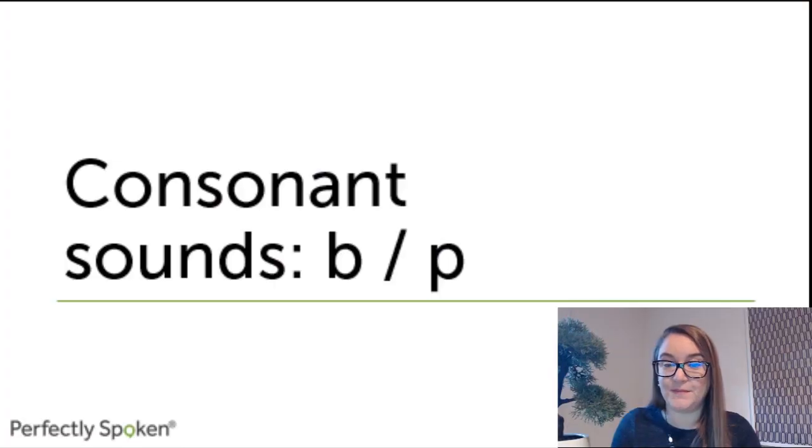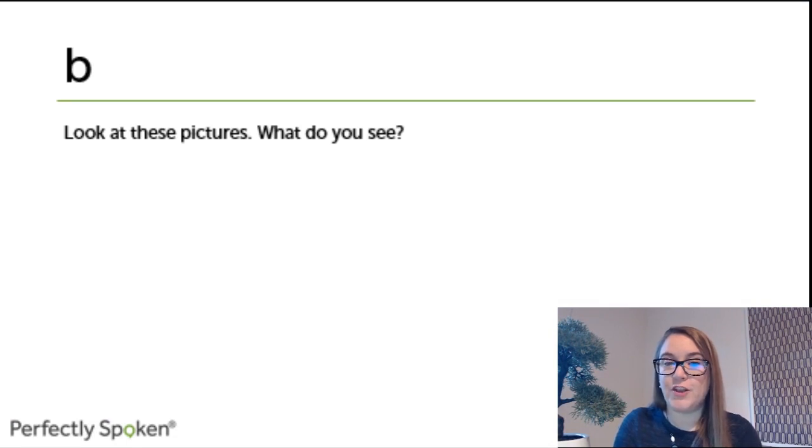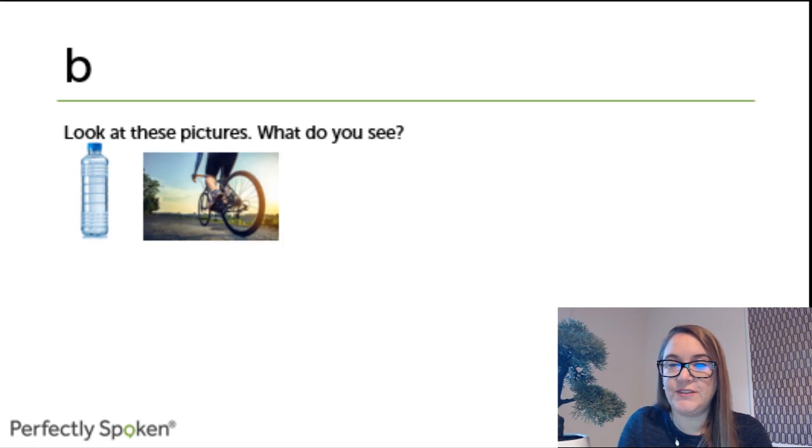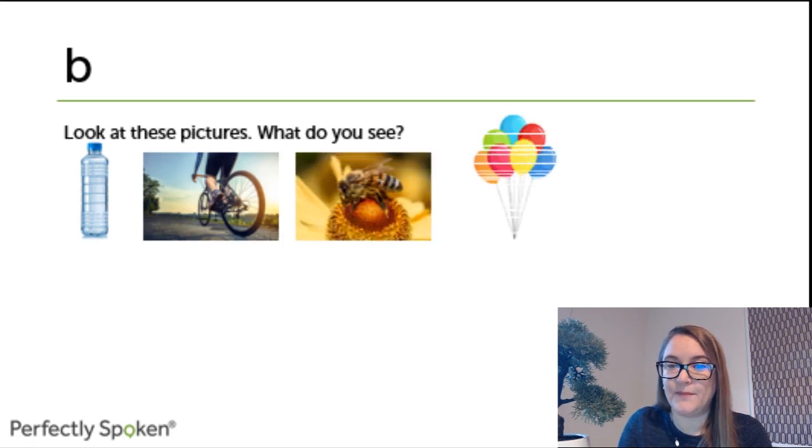Well done. Let's move on to two commonly confused consonant sounds. We're going to think about b and p. So first of all, have a look at these pictures. What do you see? So there's a clue, the sound.